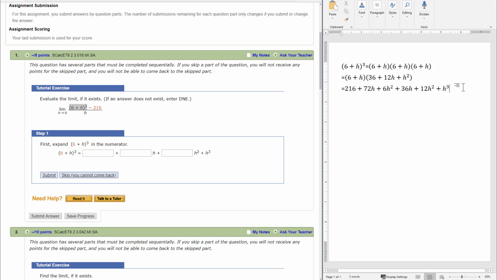So let's copy this down for a moment. And then we're going to add the h's, so 72 plus 36. So 72 and 36 is 108. And then the h squareds can also be combined. That's 6h squared plus 12h squared. So 6 plus 12 is 18.